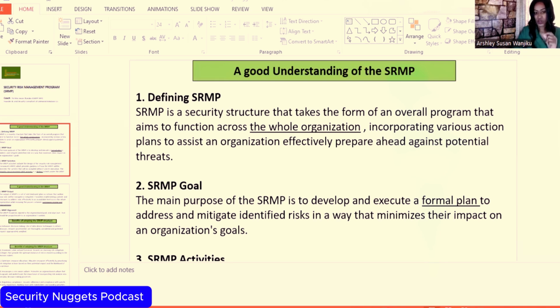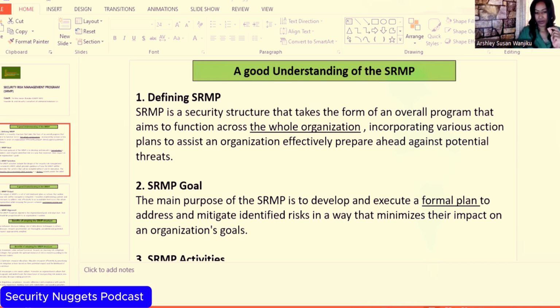This is one of the characteristics that makes the security risk management program structure stand out from the other security structures that we know of, which seem to be very much traditional security management based.